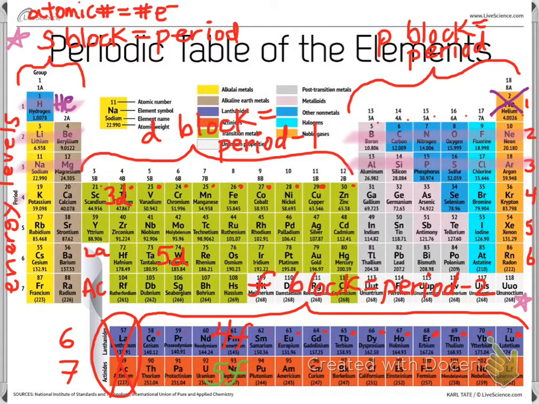Next, I come to my 4s. And then I come to my 3Ds. Now, what does that mean? That means that 4s orbitals are actually lower in energy than the 3Ds. Again, I don't have to memorize that every time because my periodic table tells me that.